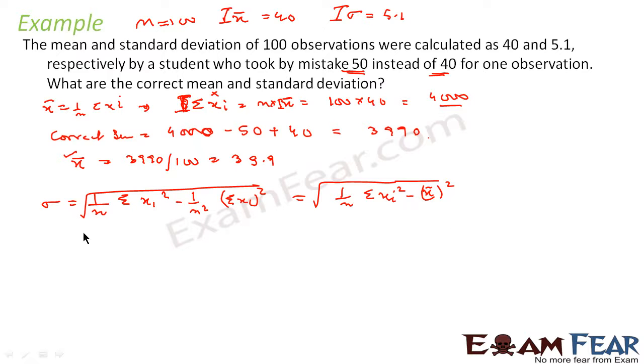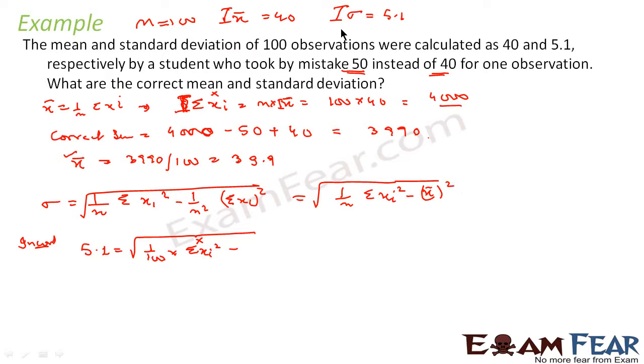Now let's use the correct and incorrect. First is the incorrect case. The incorrect standard deviation is 5.1, which equals the root of 1 by n, always 100, into sigma xi square, which is incorrect, minus the incorrect mean square, since everything is incorrect here.